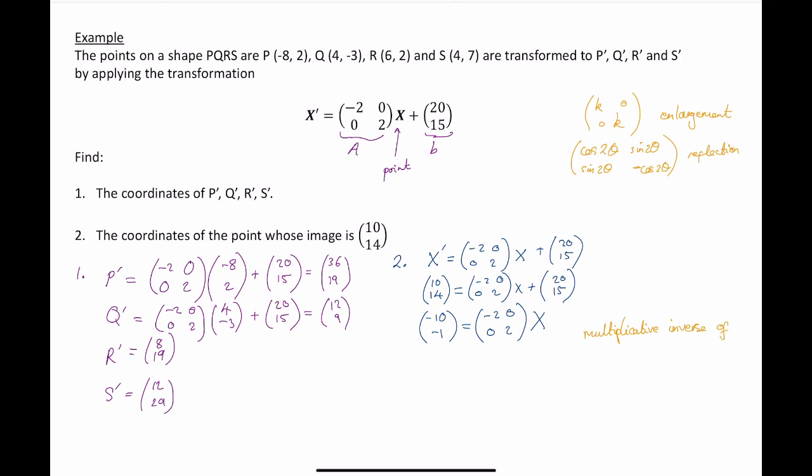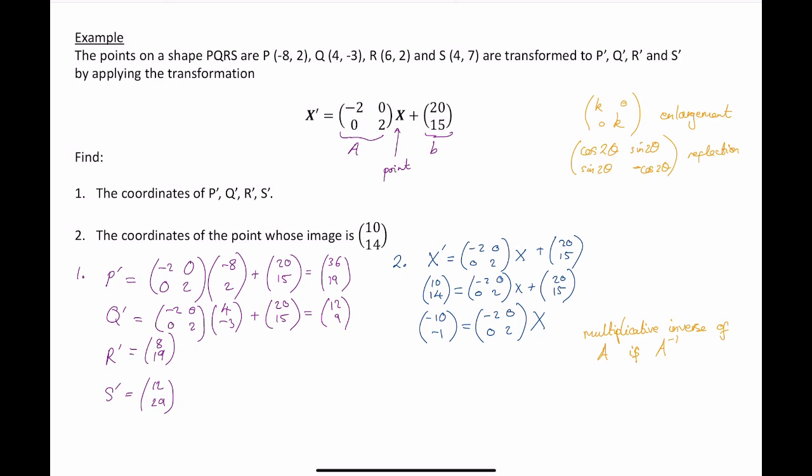The inverse of this matrix A is noted as A to the -1. So I'm going to use that. I'm going to multiply both sides. I have to do the same thing to both sides.